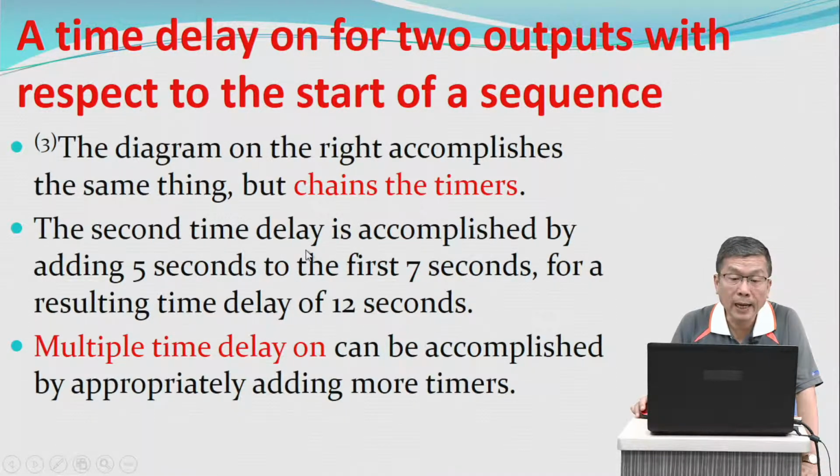The second time delay is accomplished by adding 5 seconds to the first 7 seconds, for a resulting time delay of 12 seconds. Multiple time delay on can be accomplished by appropriately adding more timers.